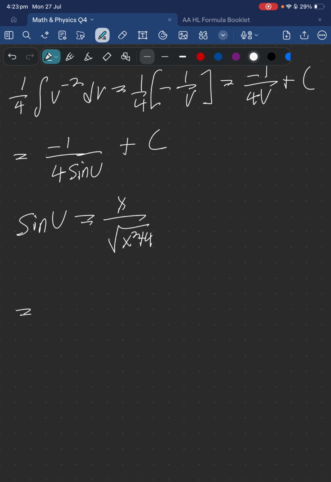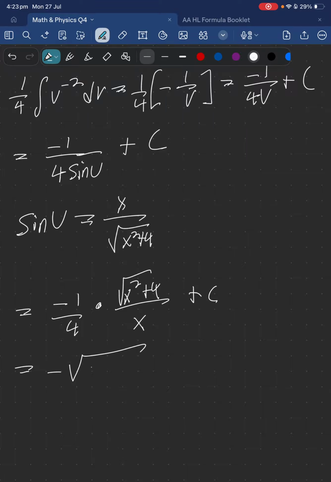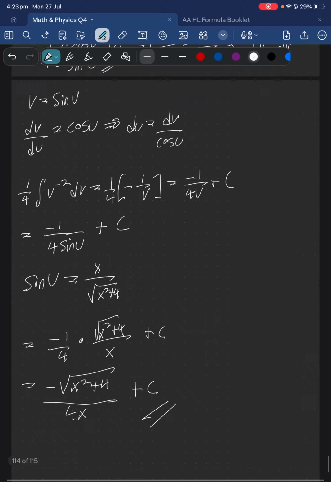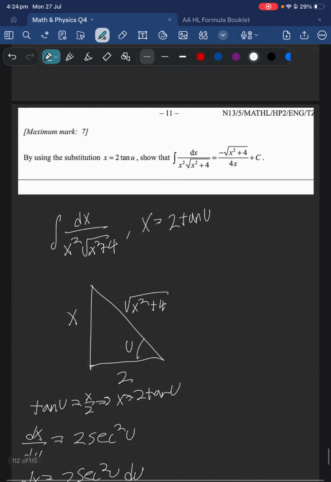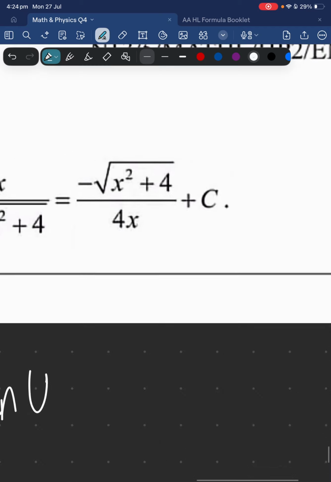So our final answer is negative 1 over 4 times 1 over sine u, which will be the inverse, so square root of x squared plus 4 over x. I just make that negative root x squared plus 4 over 4x plus c. And this is our final answer. And let's check if it's equal to what the question asks. Yes, it is.